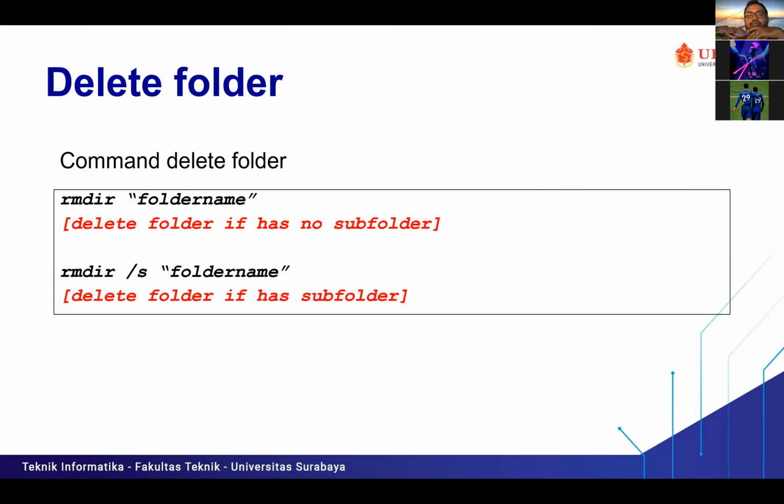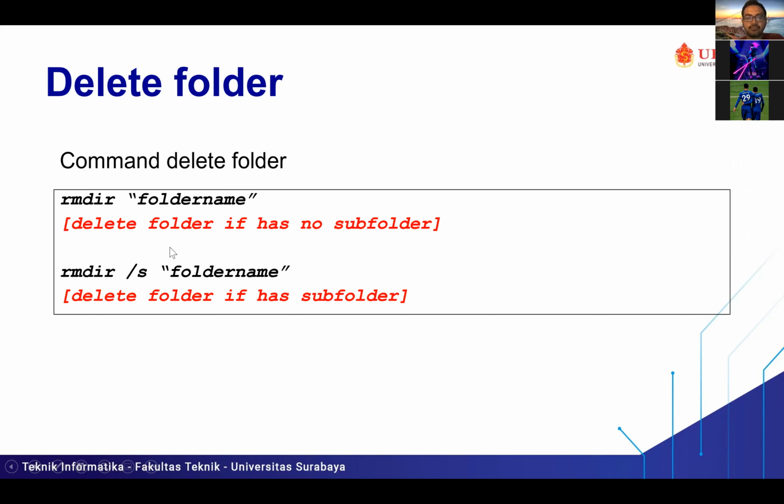Okay, so the next command is delete folder. This is the command for deleting a folder. You can use rmdir, then a space and the folder name, if this folder doesn't have a subfolder.